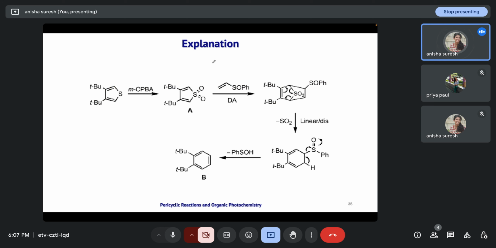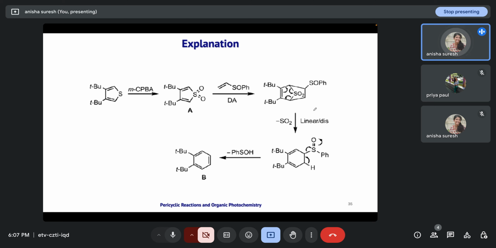So let us see. In the presence of MCPBA, the sulfur is getting oxidized to the sulfone. Okay. Then this is a diene. This is a dienophile. It will undergo a Diels-Alder reaction, resulting in the formation of this intermediate.